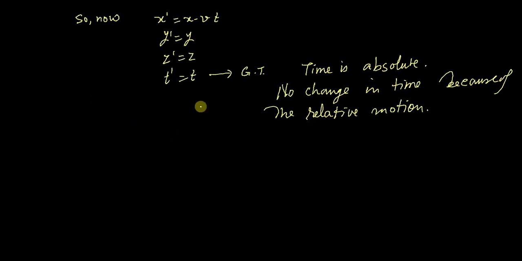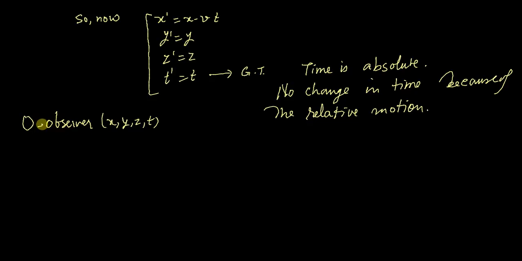So in this way one can define these coordinates x prime, y prime, z prime in terms of the unprime frame x, y, z and t, right? The purpose of developing these equations is that observer O knows their coordinates x, y, z and t.